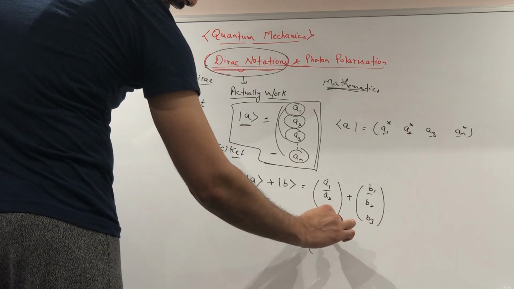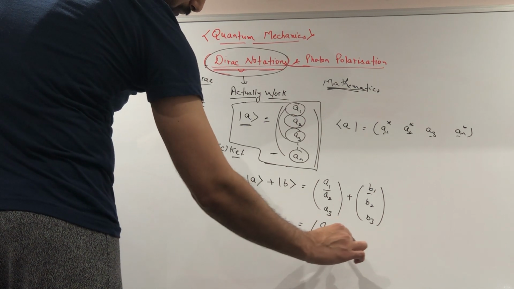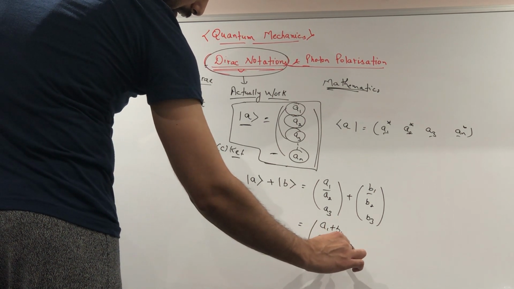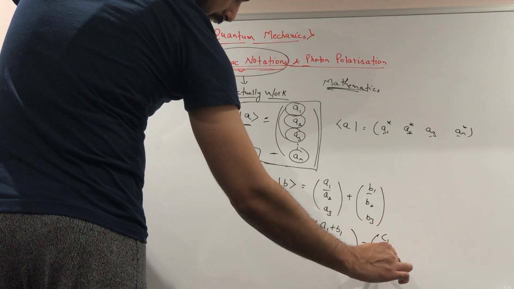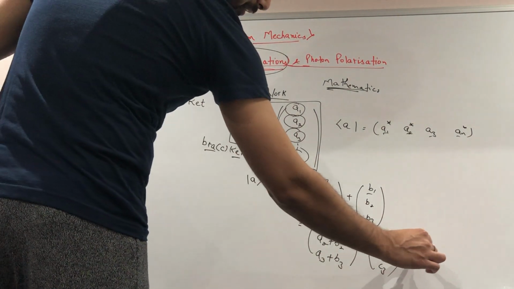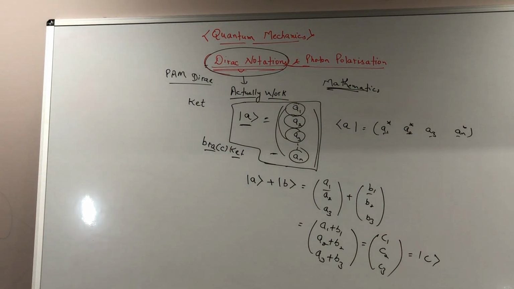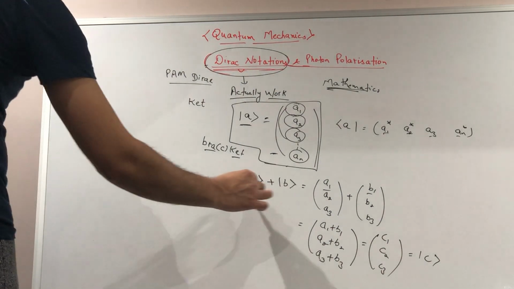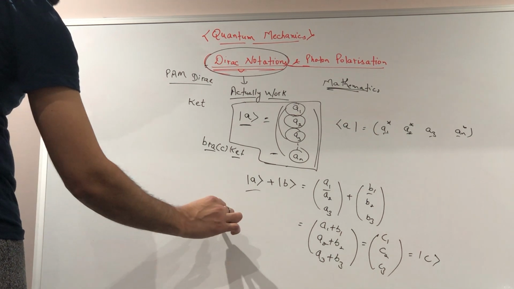A1 plus B1, A2 plus B2, A3 plus B3. And this is again a ket. So the addition of two ket vectors gives us another ket vector, right?